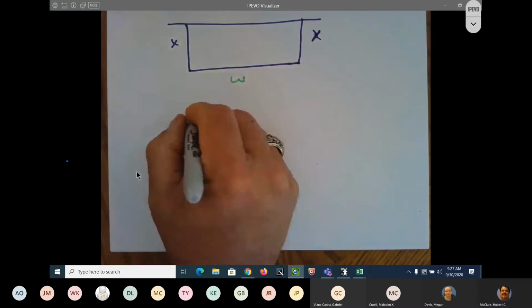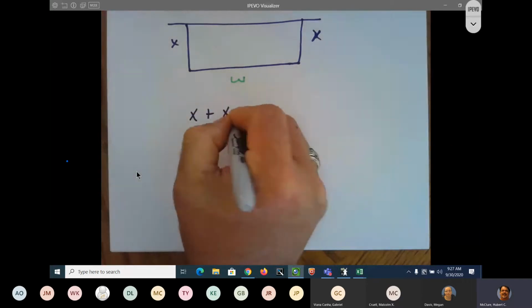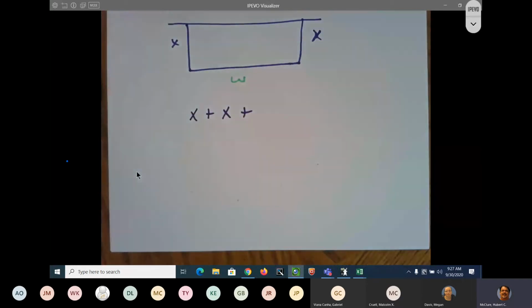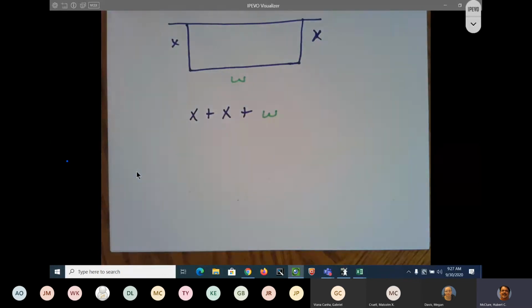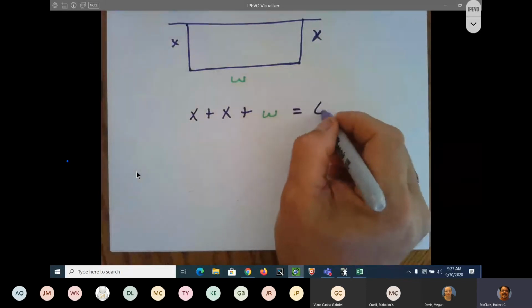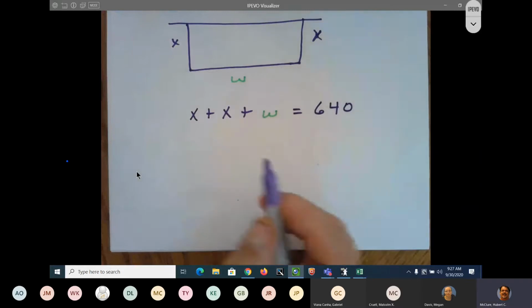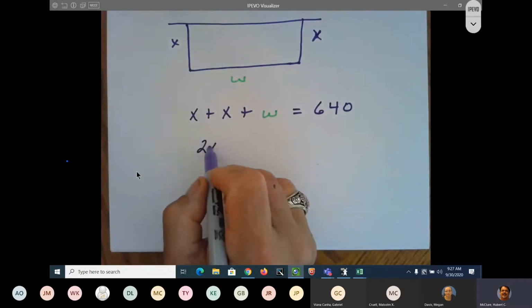X plus X plus W is equal to 640. So 2x plus W is equal to 640.